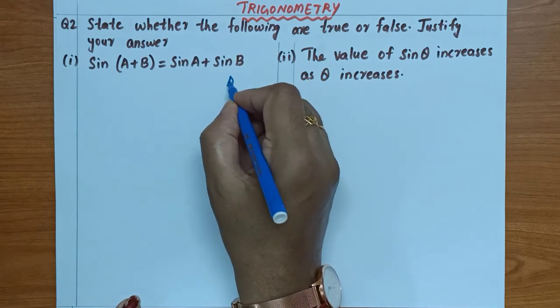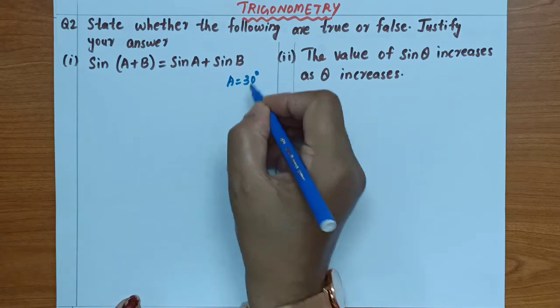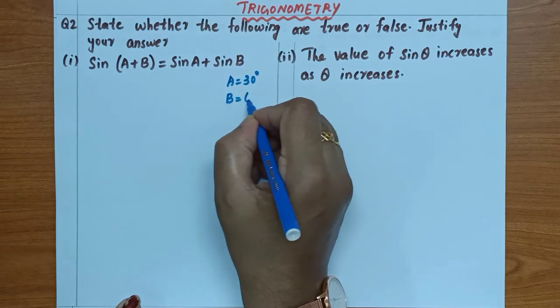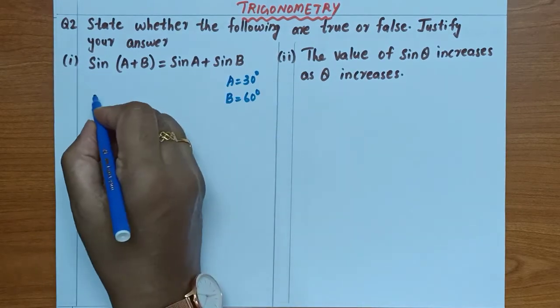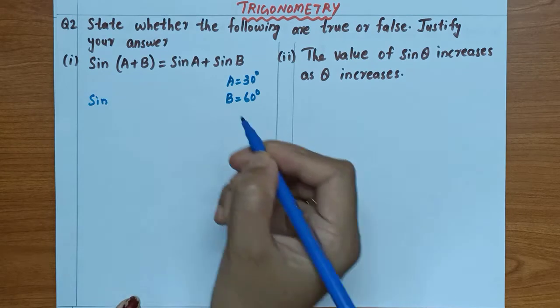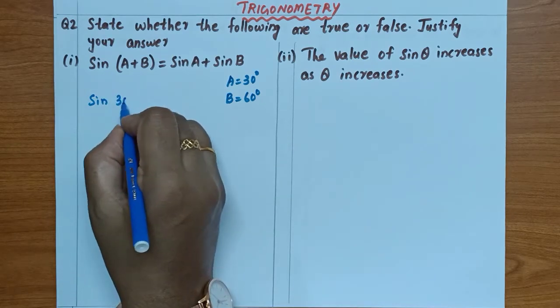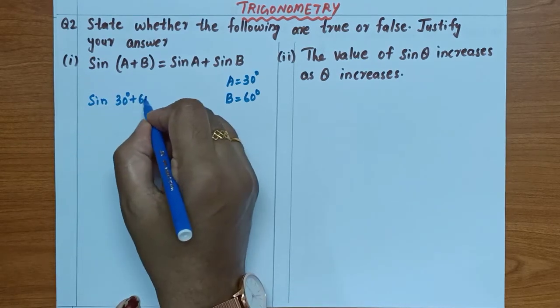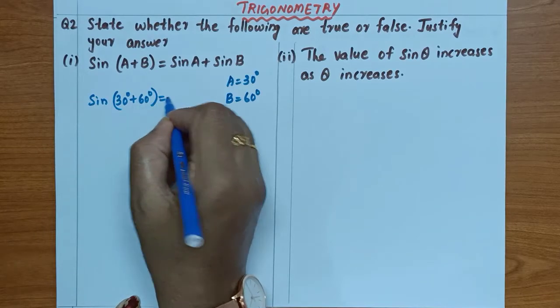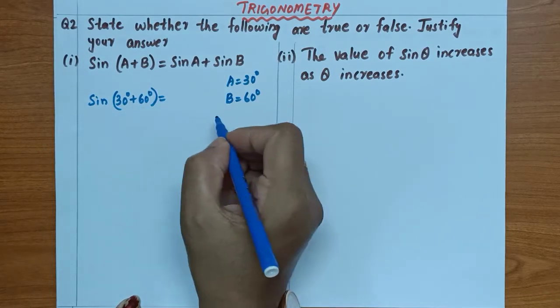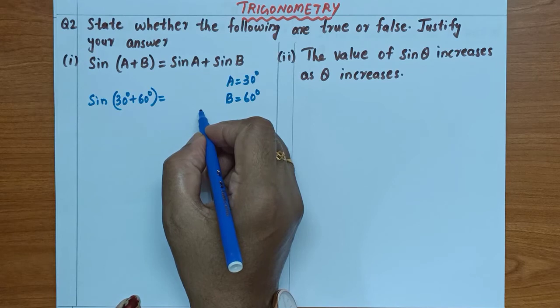A is 30 degree, B is 60 degree. Then we can check: sin(30 degree plus 60 degree).